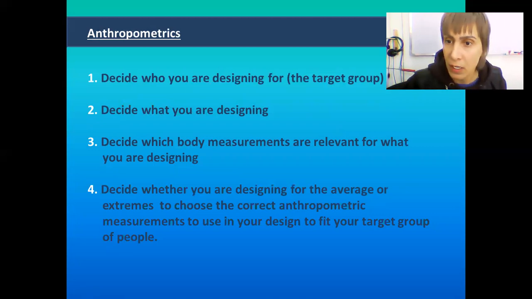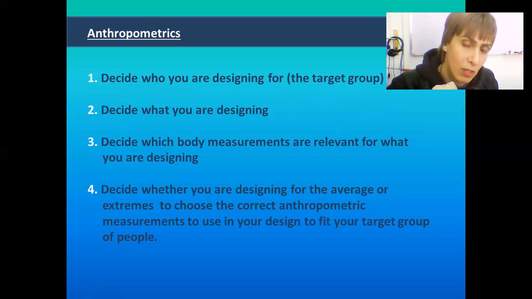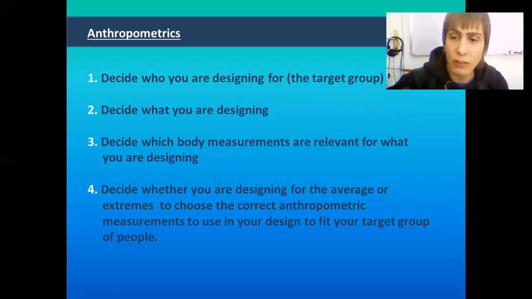And then their design turns out for children. Now, what is happening here? You must remember, when you select the target group, to stick to it, to stick to its needs, measurement needs, body needs, everything related to the body, okay?